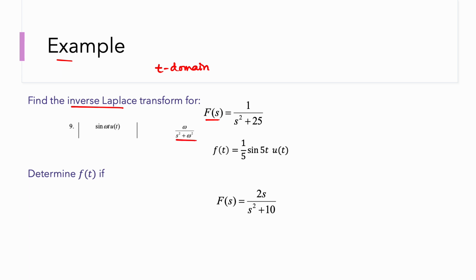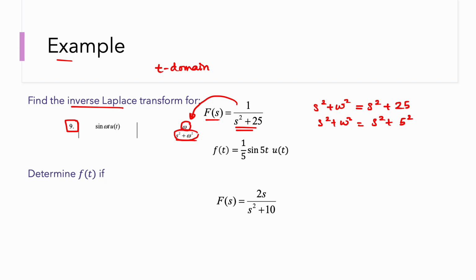The equation similar to the one given to us from the table is row number 9, where the denominator is s squared plus omega squared. The given equation has s squared plus 25, so we can rewrite it as s squared plus 5 squared. Straight away we can tell this.